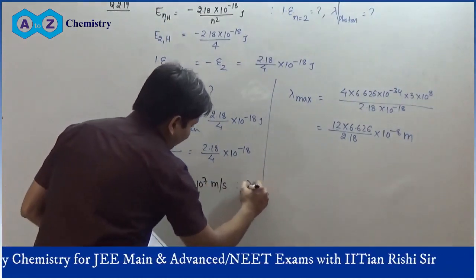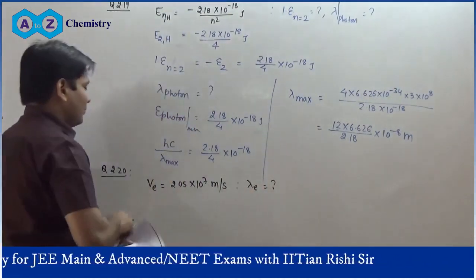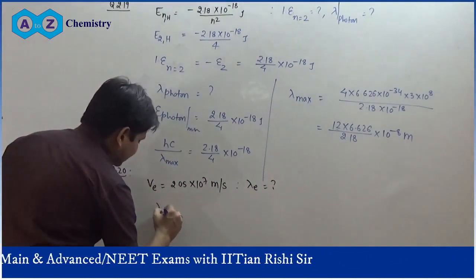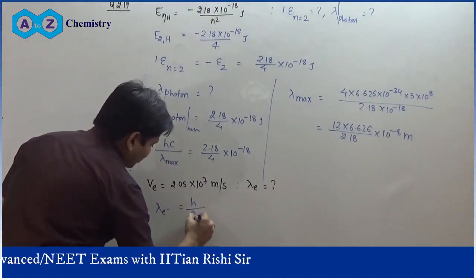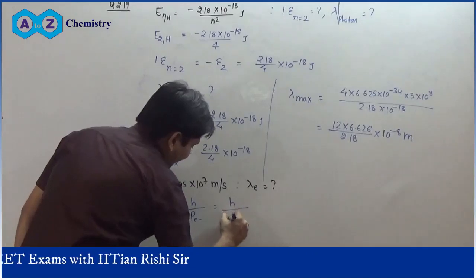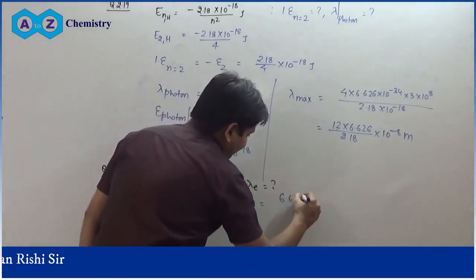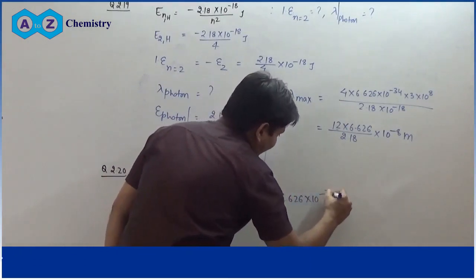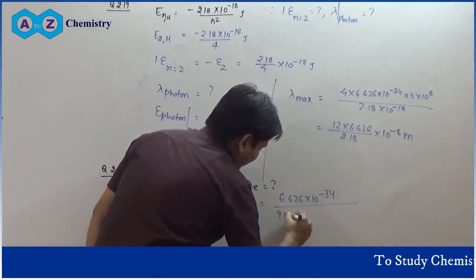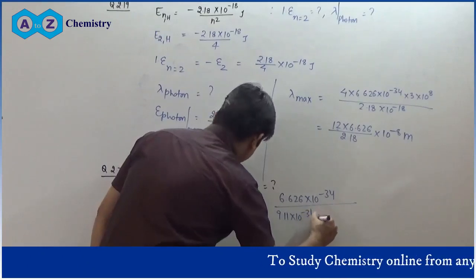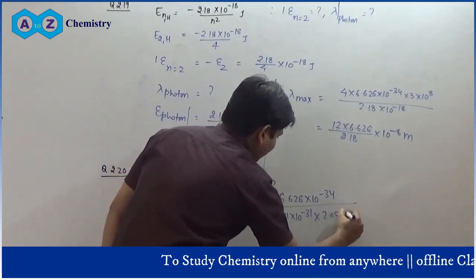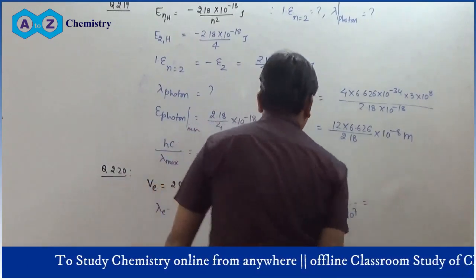We have to calculate λ of the electron. λ of the electron can be easily calculated as h by p, that is h divided by mass times speed of the electron: 6.626 × 10^-34 divided by 9.11 × 10^-31 kg × 2.05 × 10^7.